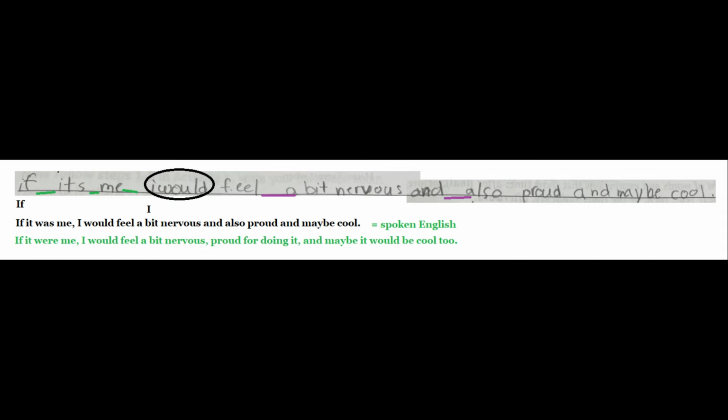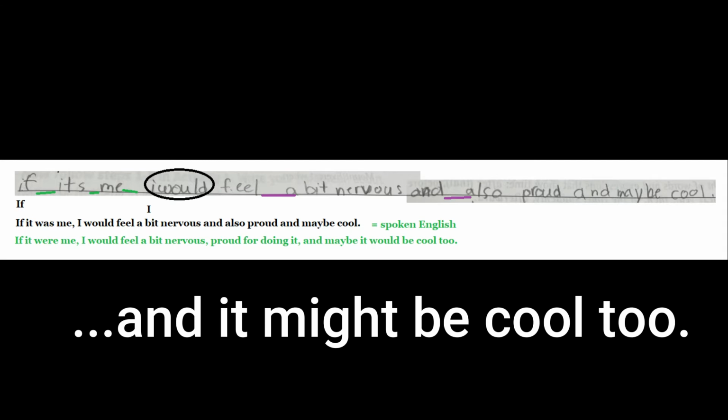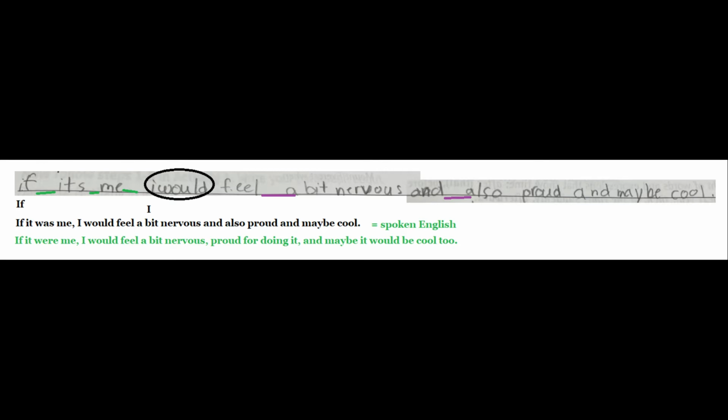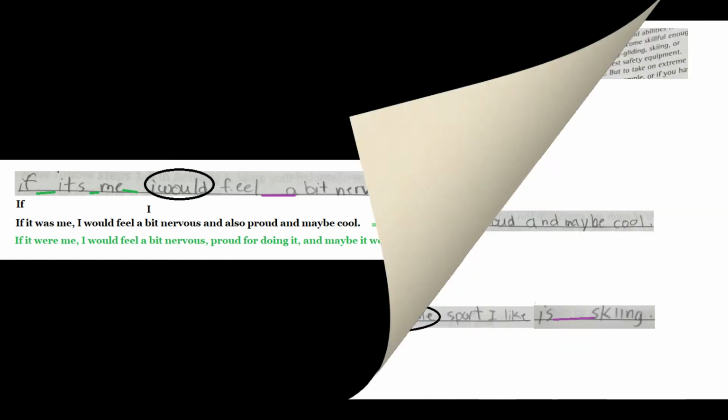And maybe it would be cool too. Again, he has to use that conditional. Maybe it would be. If he would have said, and it might be cool too, he could say that as well. But again, I'm trying to use his words. And maybe it would be cool too.